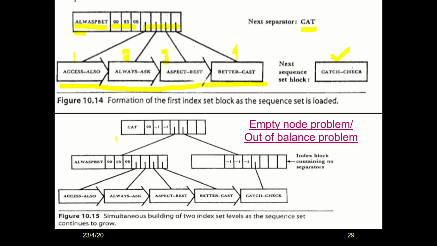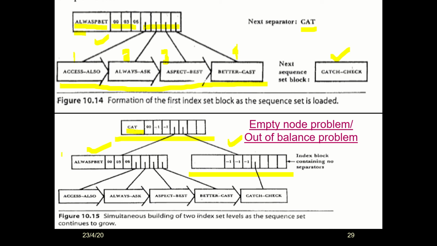Once inserted, we have two nodes, the parent node CAT and an empty node. Why is it so? Every node having values less than CAT comes as the left child, that is ALV, this node itself. Any node equal to CAT or greater than CAT must come on the right side. So on the right side comes your catch.